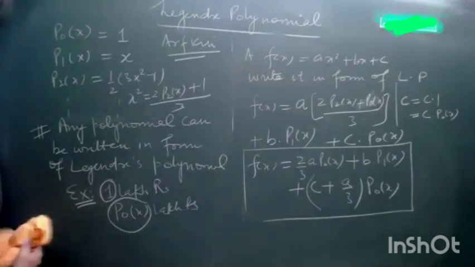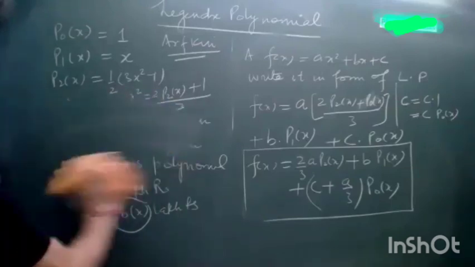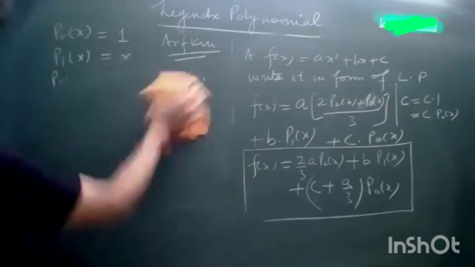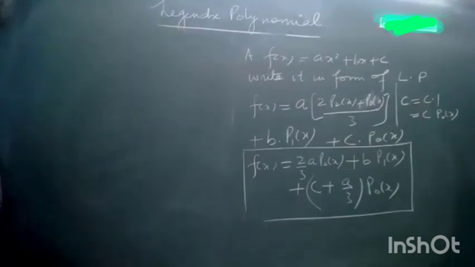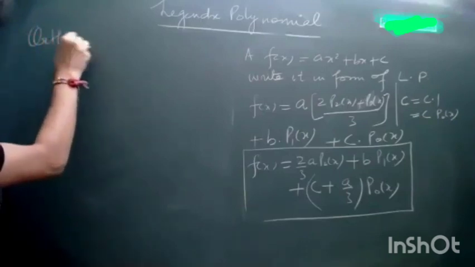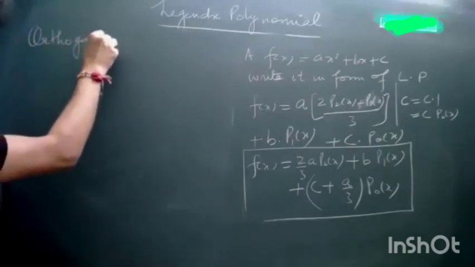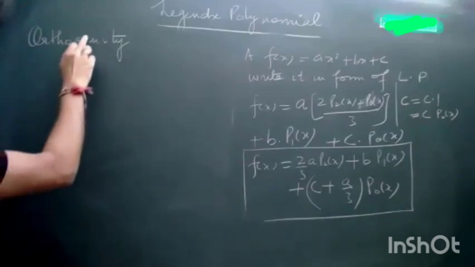So please remember that you may have to write an algebraic equation in the form of Legendre polynomials, as I have written here. Now sometimes directly, not recently but before, they have asked on orthogonality.